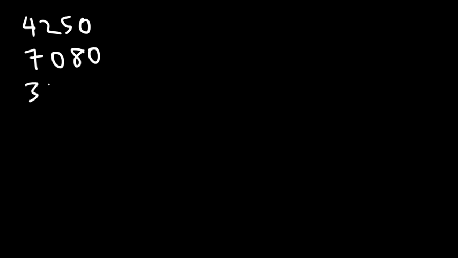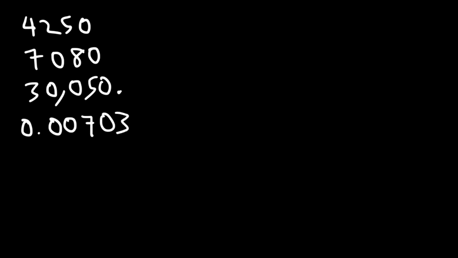So what I'm going to do at this point is give you a quiz. I want you to determine how many significant figures are in the following numbers. The first one is 4250, and the second one is 7080, and then 30,050 with a decimal point, and then 0.00703.